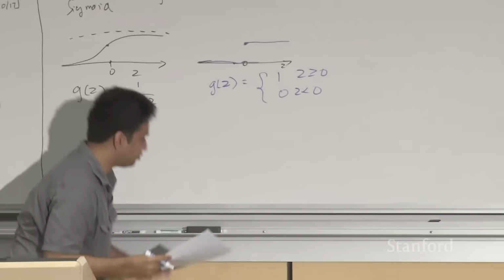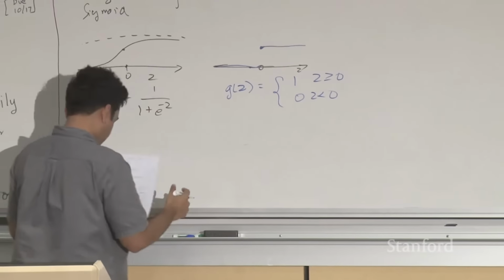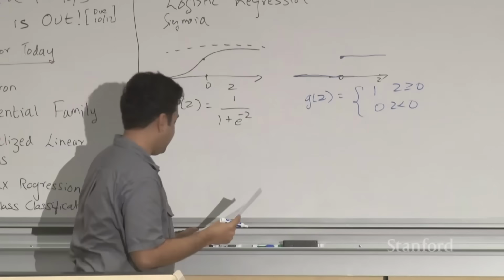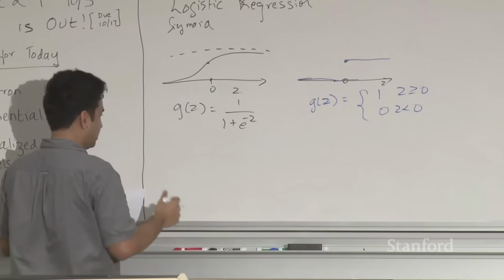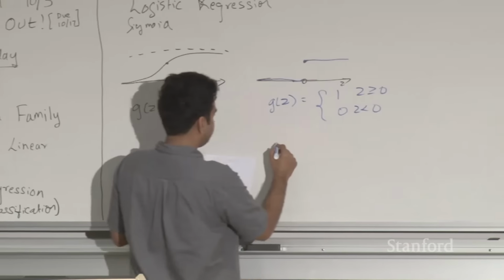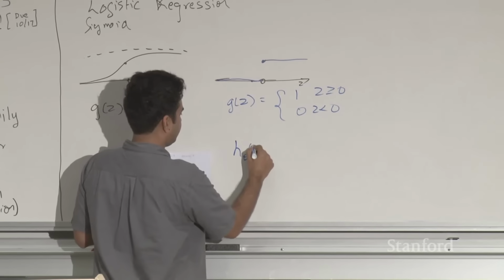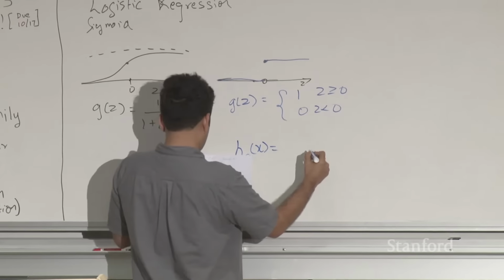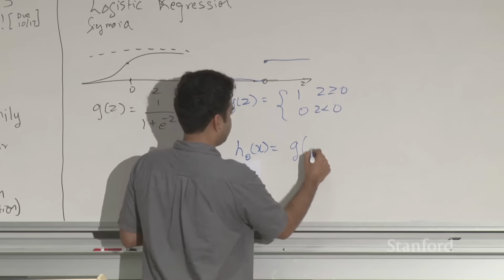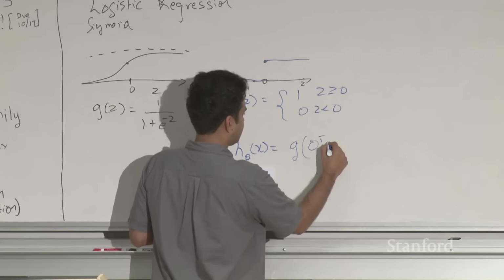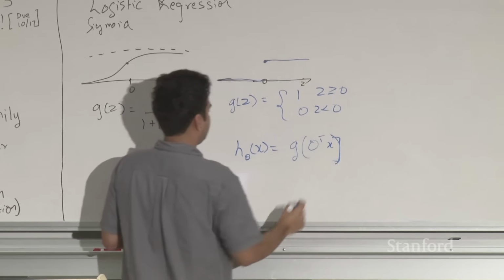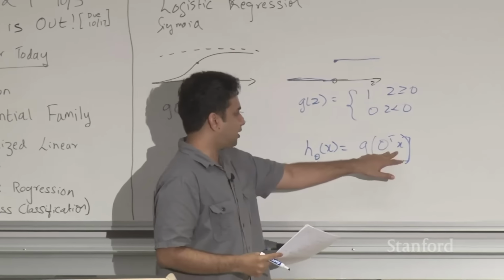And this leads to the hypothesis function here being h theta of x equals g of theta transpose x.